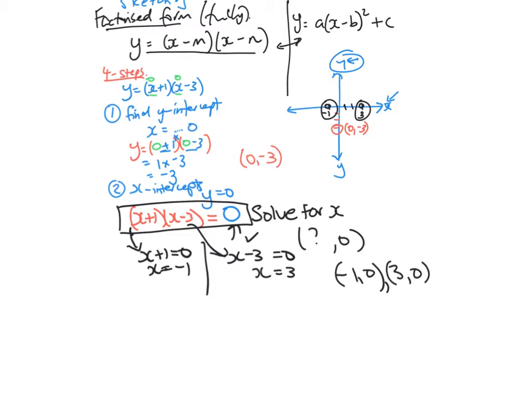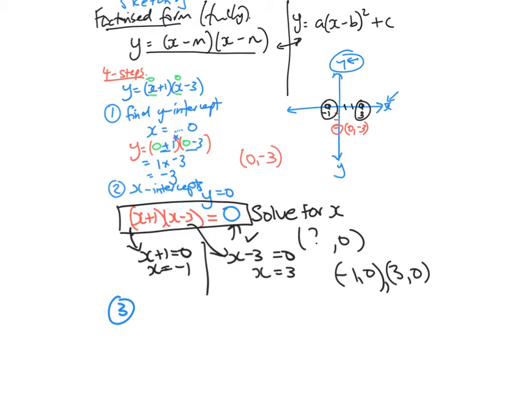We can probably look at our graph and sketch in a parabola there that's going to work. Backtrack. But we can do a little bit better than that. So one of the things that we're now going to do is step 3. We are going to find the turning point.